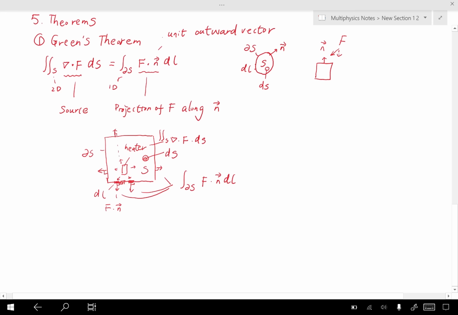If we want to calculate how much heat was generated by all these heaters at different spots, we need to do a summation to add all the heat generated by all the heaters at every point. If it's discrete, then we say that's addition or summation. If it's continuous, then we do an integral. So the integral of ds is at every point.